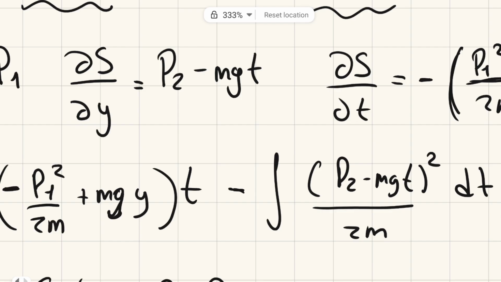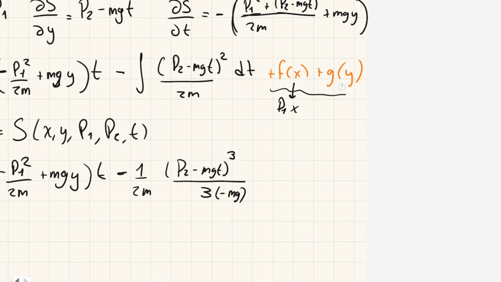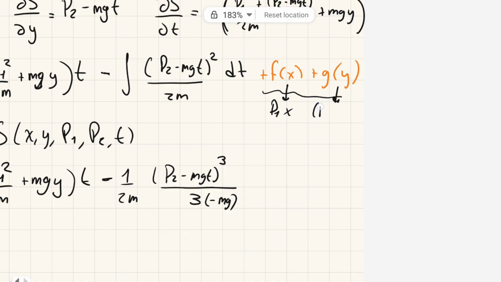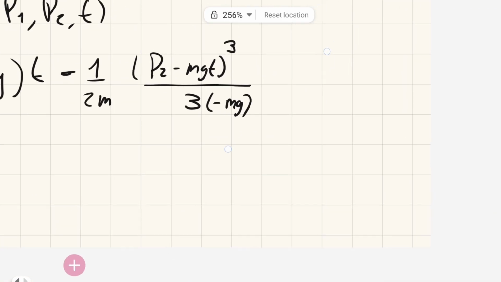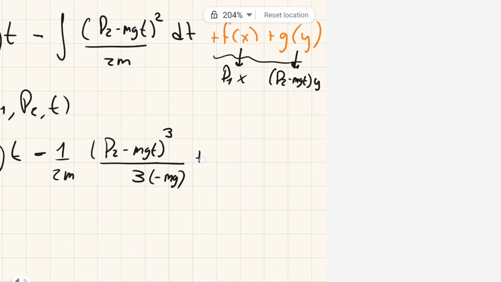I mean that the function of y will be this quantity times y, so this function corresponds to p2 minus mgt y. Okay, so let me write this here. We are going to get plus p1x plus p2 minus mgt y.